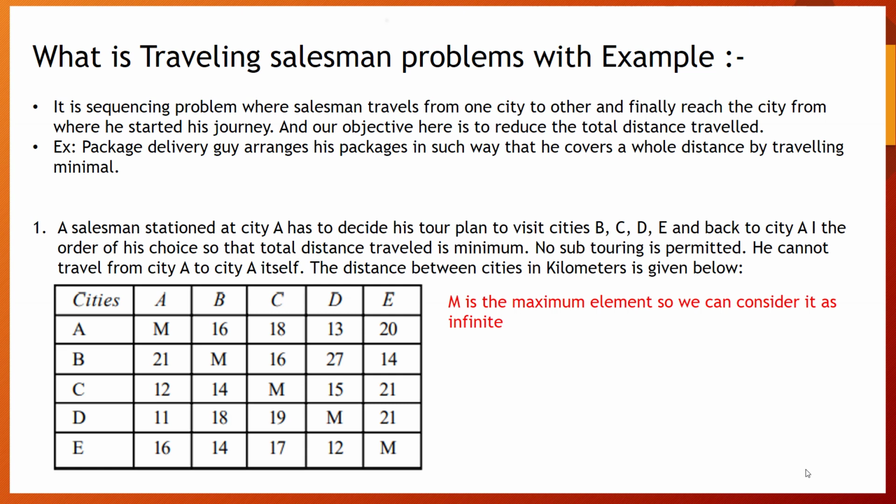No sub-touring is permitted. Sub-touring is going and coming back, which is not permitted. For example, he is in A, he goes to B and again comes back to A, and then he goes to C. This is not allowed. He needs to come back to A only after he visits all other cities. And he cannot travel from city A to A itself.